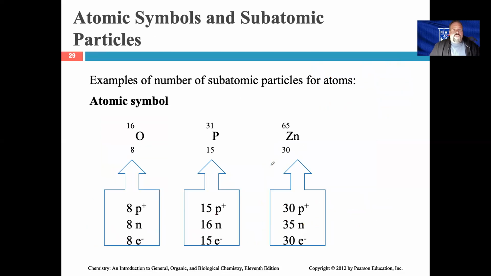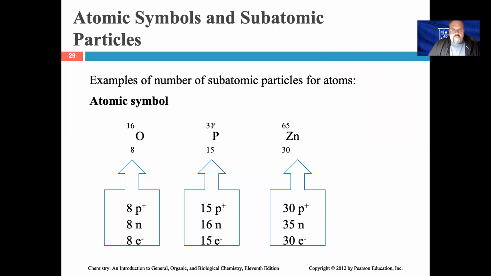Okay. So here are some examples of the number of subatomic particles for atoms where you use the atomic symbol to figure that out. So for oxygen with a mass number of 16 and an atomic number of 8, you would have 8 protons, 8 neutrons, and 8 electrons. The protons and electrons would come from the atomic number. And to figure out the number of neutrons, the way I would do it is I would take the mass number and subtract from that the atomic number. 16 minus 8 is 8.